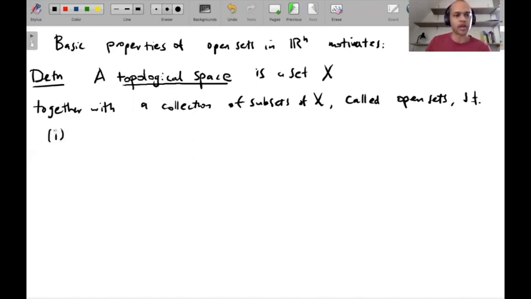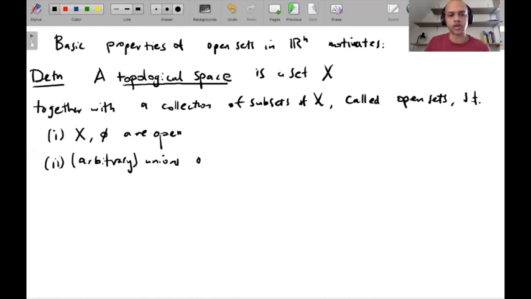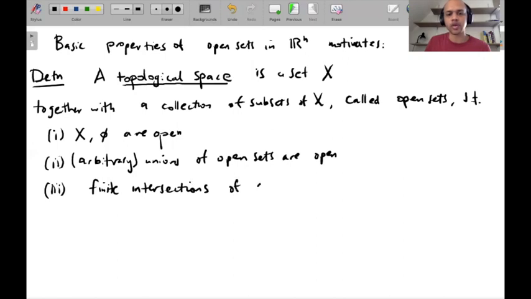So first of all, X and the empty set are open. They're in this collection. Arbitrary unions, or I could just say unions of open sets, are open. And finite intersections of open sets are open.